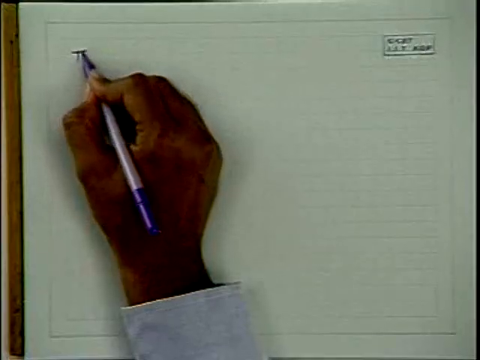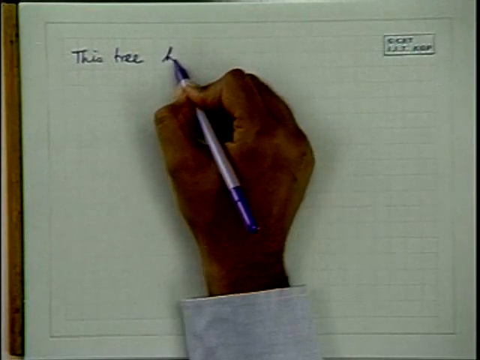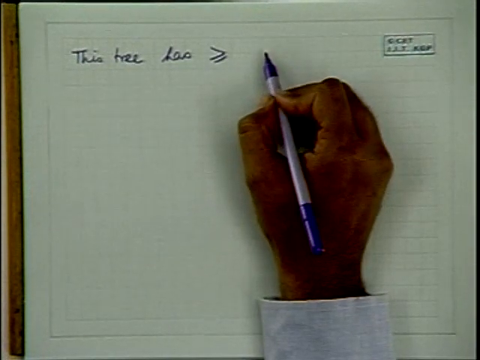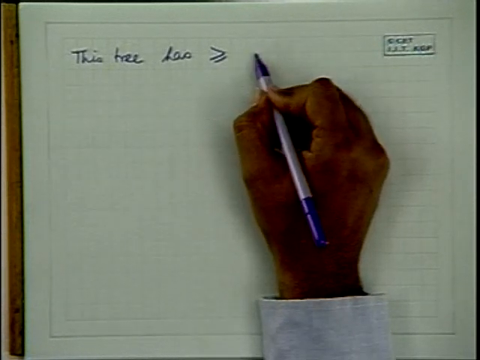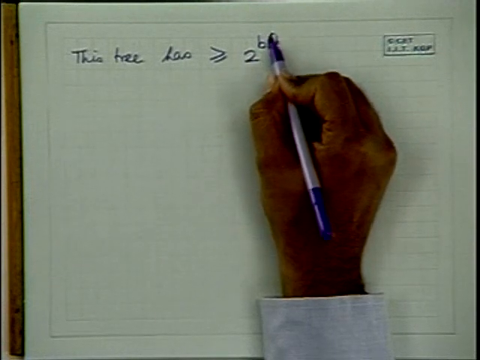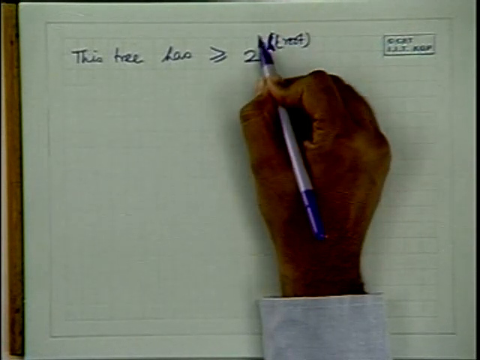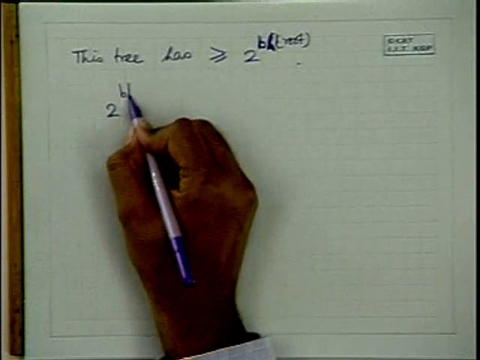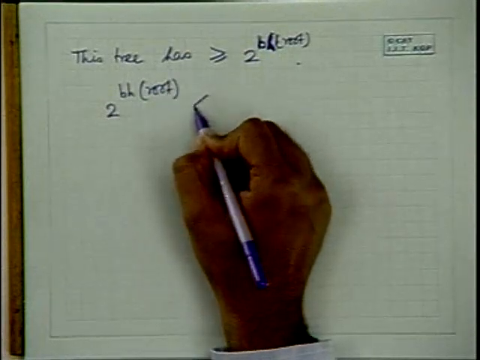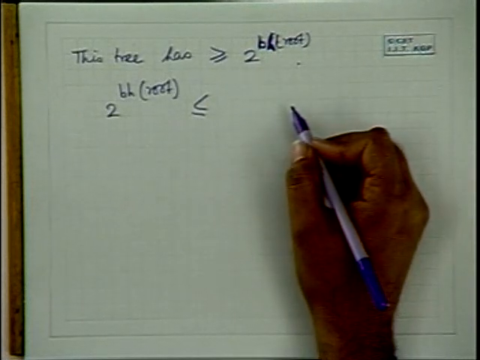So it must have at least 2 to the power BH of root leaves, because the first node has at least 2 children, and in the second level all the nodes have at least 2.